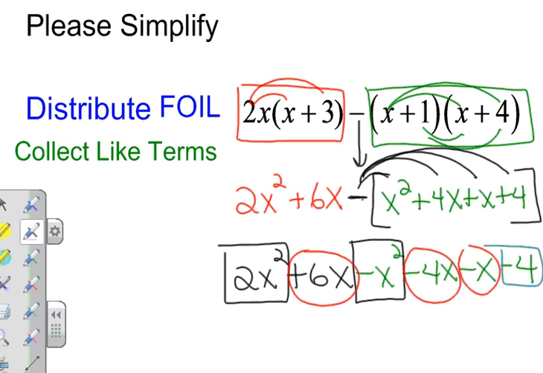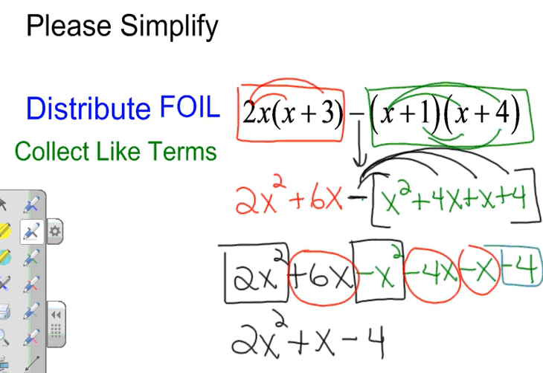So, starting with the largest exponent first, I'm going to say it's 2x squared minus x squared, which is x squared. Then 6x minus 4x is 2x, minus another one is 1x, and it's positive. Pull down my minus 4 because I cannot combine it.